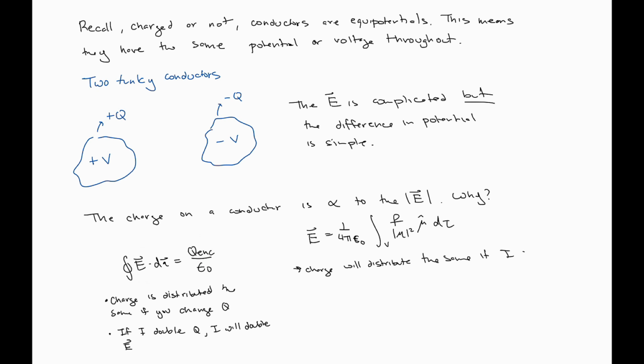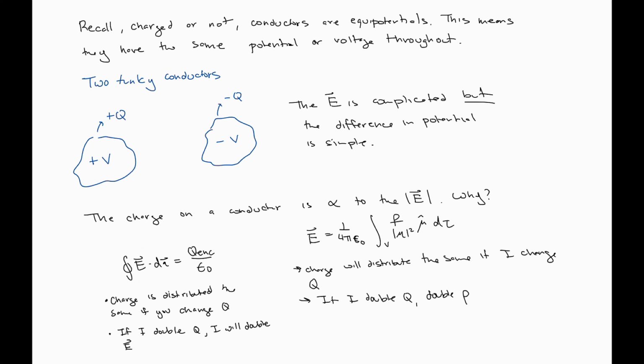If I change Q, so that means rho, for example, if I double Q, the way that the charge is distributed won't be different, but the charge density overall will also double. I'll just get more charge per volume in each place.